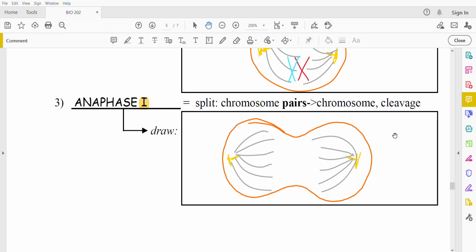Now, these chromosome pairs are pulled apart to different poles of the cell. So we're not breaking up a single chromosome into chromatids like we did with mitosis, during meiosis and the first round of cell division of meiosis. We're actually separating the chromosome pairs.